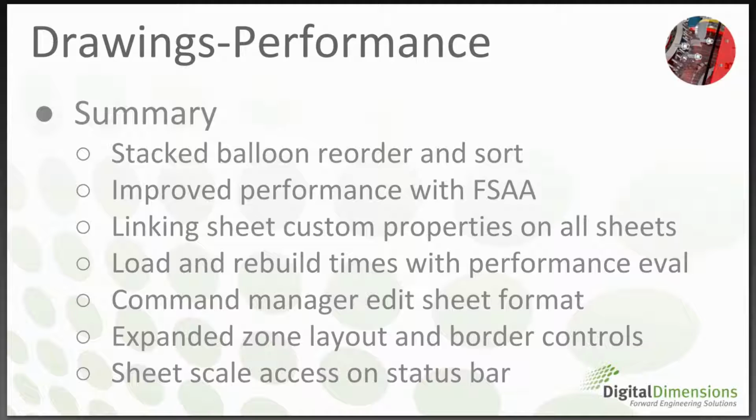The command manager now having the edit sheet format command. Some expanded zone layout and border controls for our sheet borders, and the sheet scale access on the status bar. So that's all I had for you guys today for the drawings. I'm going to pass this back over to Brad.